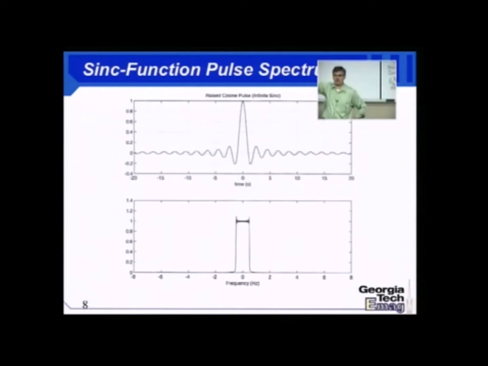At time equals 0, I make a pulse, and then I start wiggling down. So if I want to send this pulse at time equals 0 when a bit comes in, I've got a bit of a problem with causality.